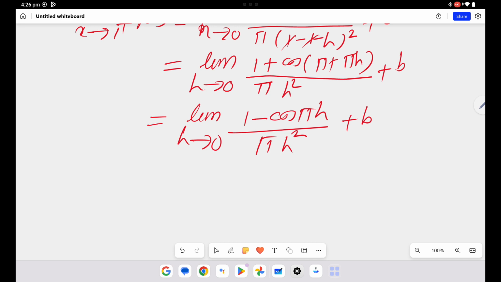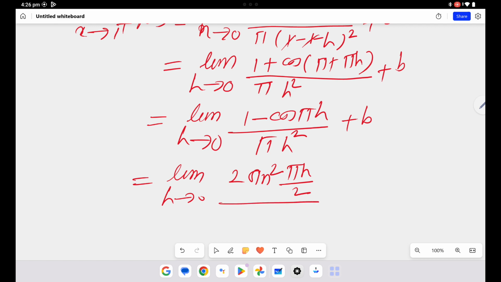We know that 1 minus cos theta is 2 sin square theta by 2. Similarly here, limit h tends to 0 of 1 minus cos pi h, 2 sin square pi h by 2 upon this pi h square as it is, plus this constant term b as it is.